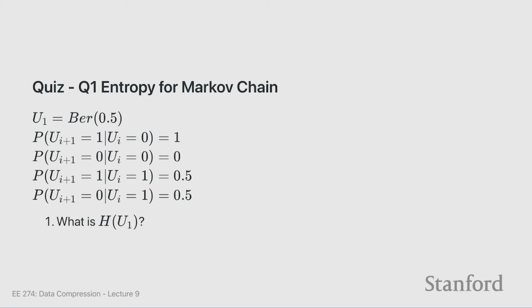Okay, so we are given a Markov chain in this question. We don't say that it is a stationary Markov chain for now. So how is it described? We say U1 is Bernoulli half. Let me draw it in this diagram sort of way, which is easier to understand. If U1 is 0, then U2 has to be 1.